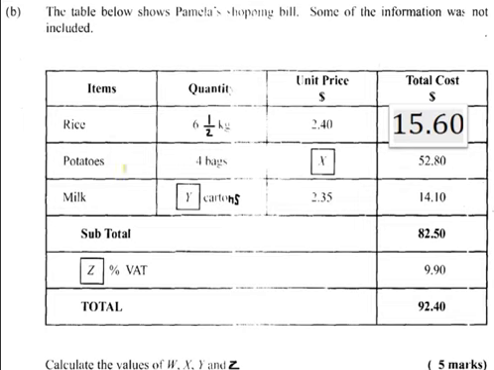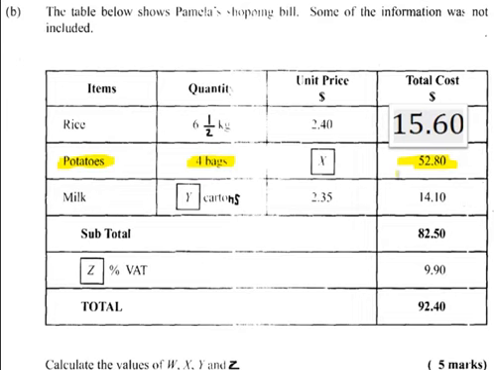Over now to the potatoes. We have 4 bags of potatoes here. And we have a total cost of $52.80. What was the unit price?